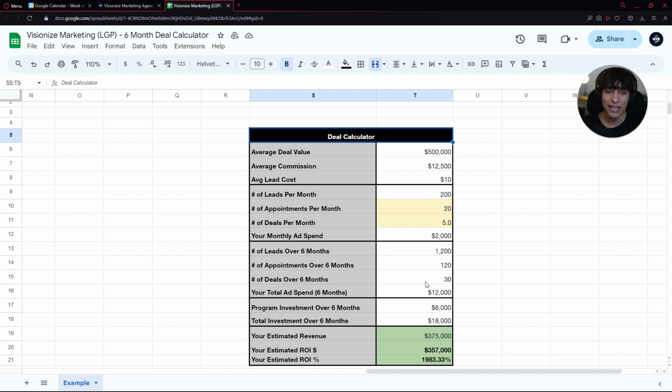So in that case, you might need a team, people under you, VAs, ISAs, whatever it is, to help you handle these leads. So you will need the infrastructure to support it. However, at these numbers, you know that you can spend $2,000 on ads and get a 1,900% ROI, or a 19x ROAS on that. And with that, that would be extremely, extremely healthy and very, very profitable.